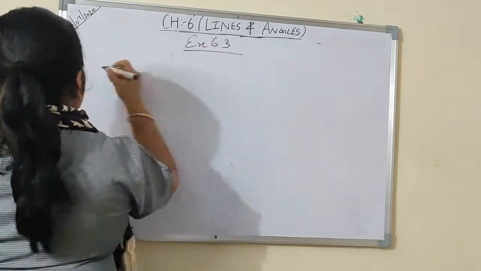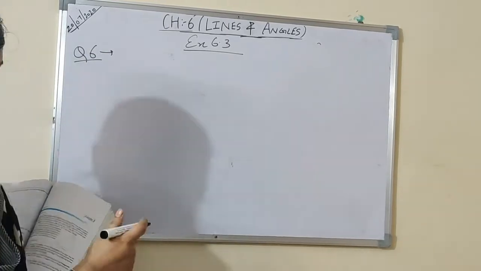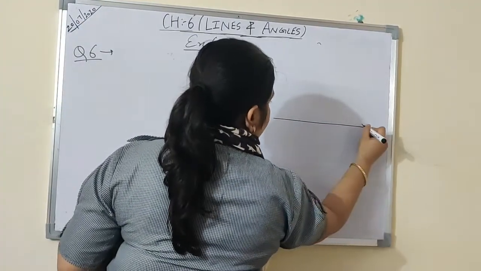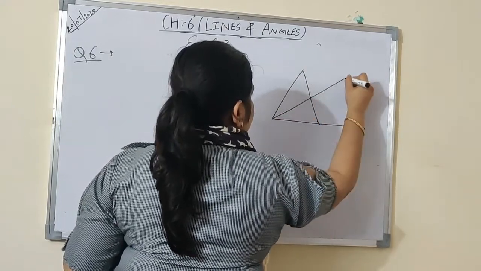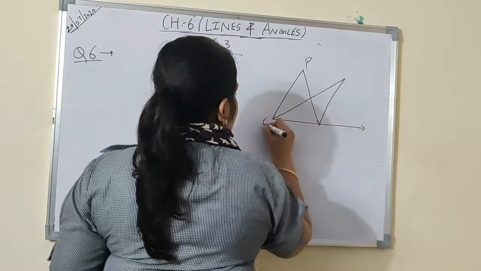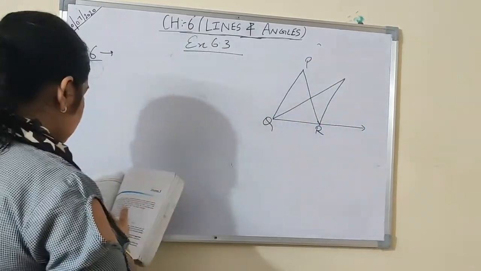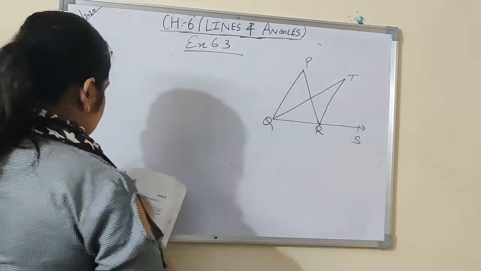I am explaining it. First of all, I am drawing the figure over here. Okay. Now we can mark it as PQR. Then mark this as T and this as S.